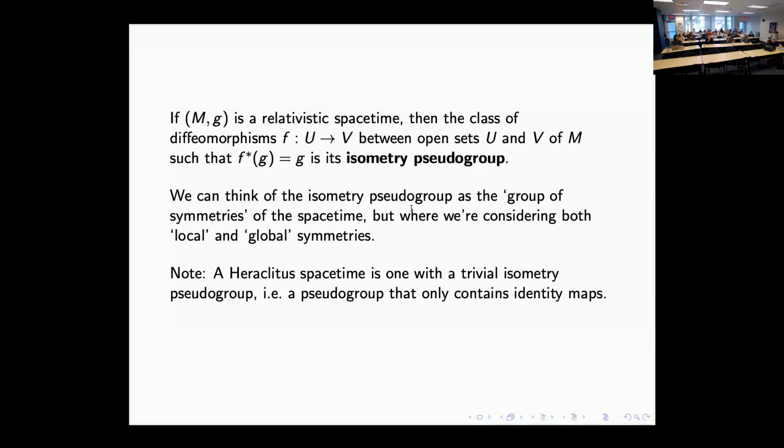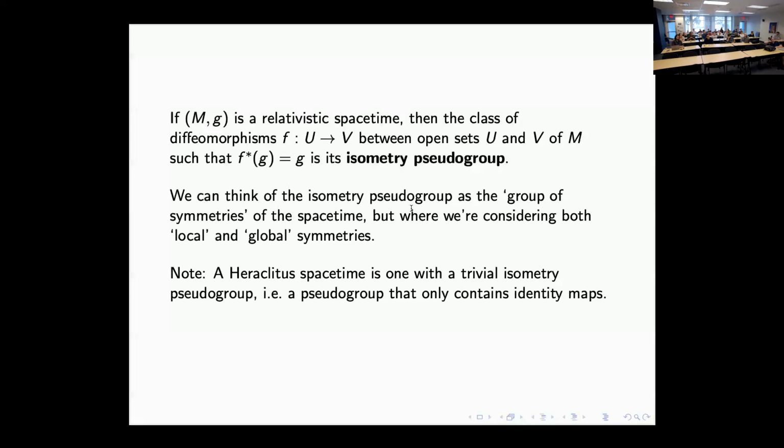We'll call it the isometry pseudogroup of the spacetime (M, g). We can think of the isometry pseudogroup as playing the same role as the isometry group of the spacetime, just when you're allowing in local symmetries, symmetries that hold between small regions of your spacetime, in addition to the global symmetries, okay?